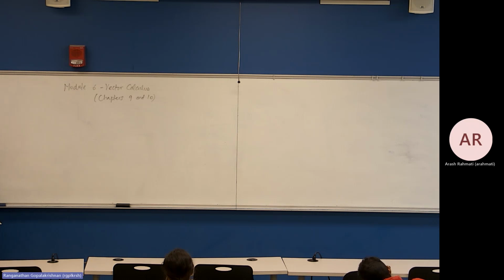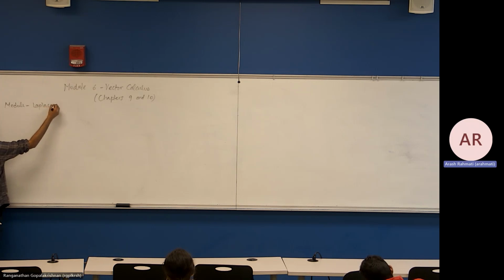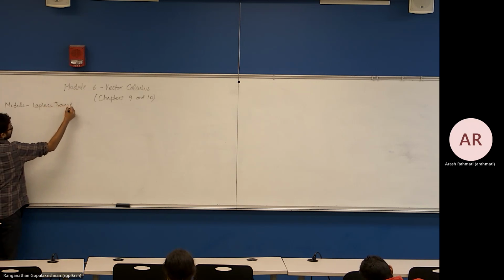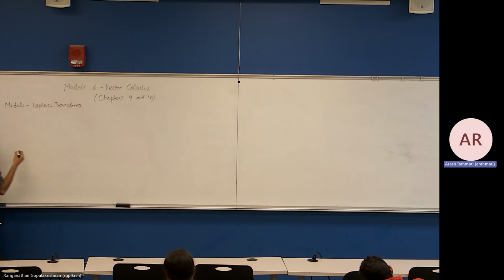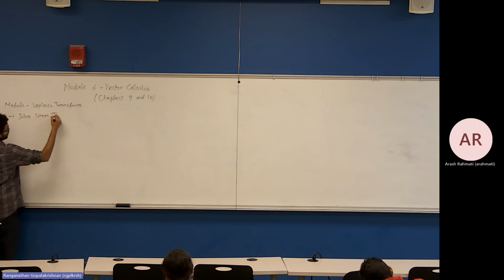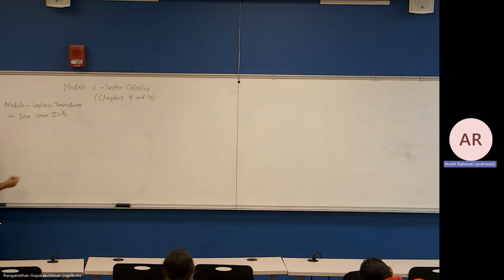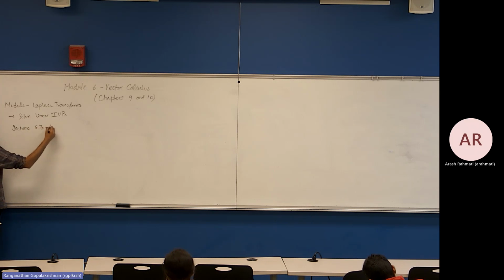Okay. So last time we looked at module 5, Laplace transform. The goal of Laplace transform is to solve linear ODEs or linear initial value problems. I had gone through sections 6.3 to 6.6, where we have each layer of complexity added.